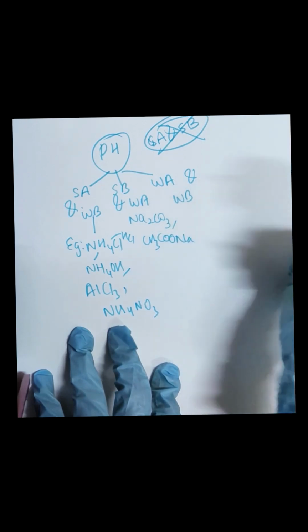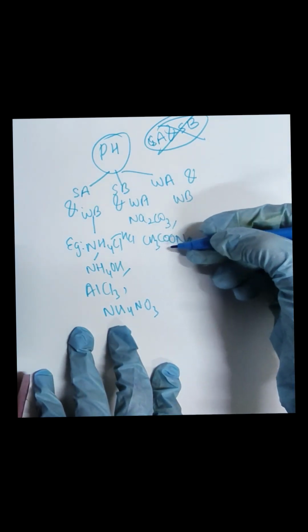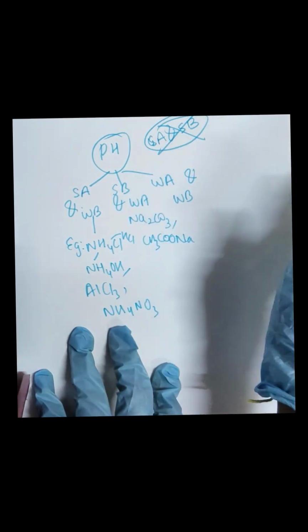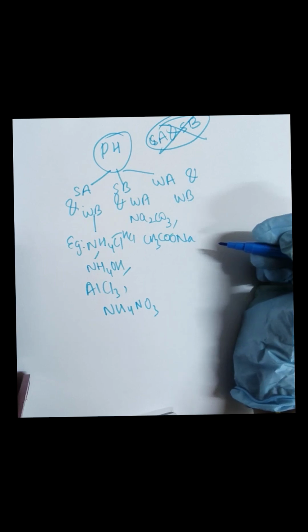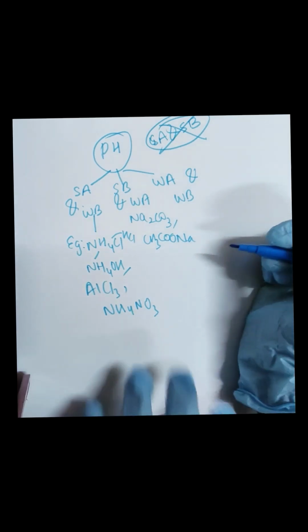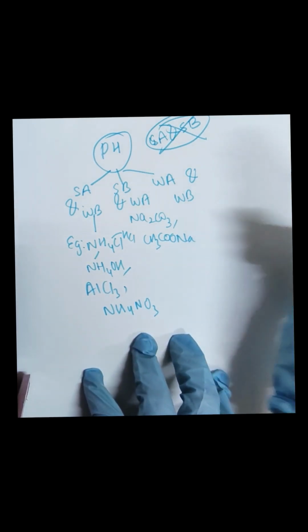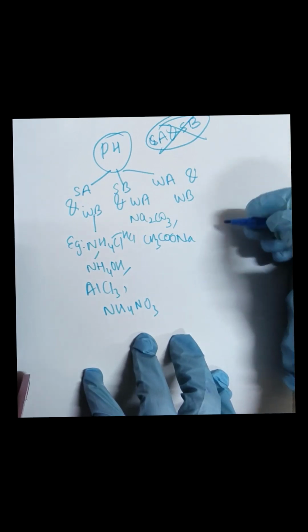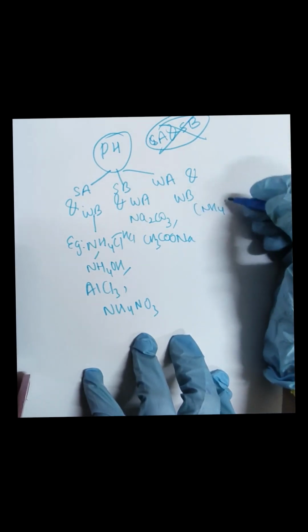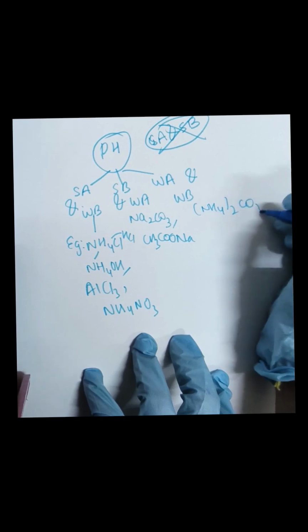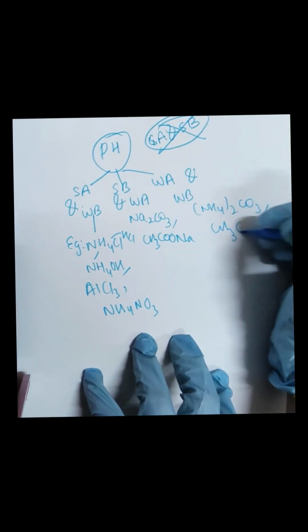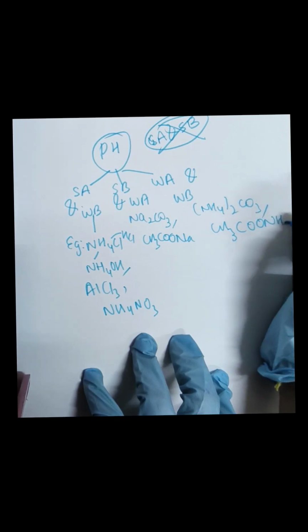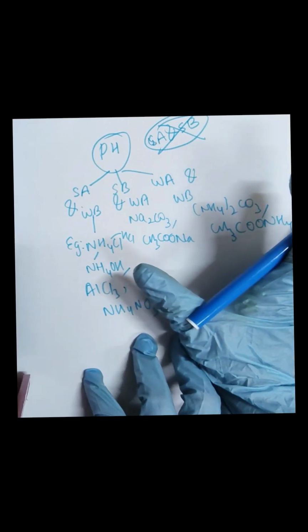Sodium acetate, because CH3COOH is a weak acid and NaOH is strong base. Next, weak acid and weak base. You can say ammonium carbonate, then CH3COONH4. So this is some very common examples.